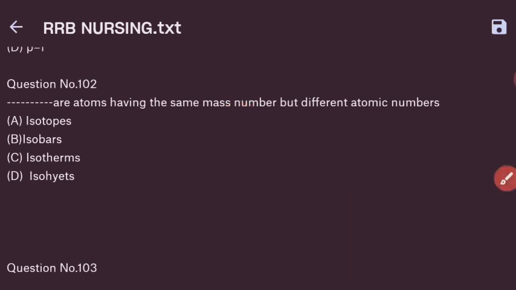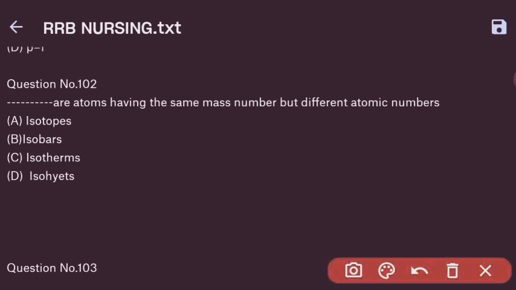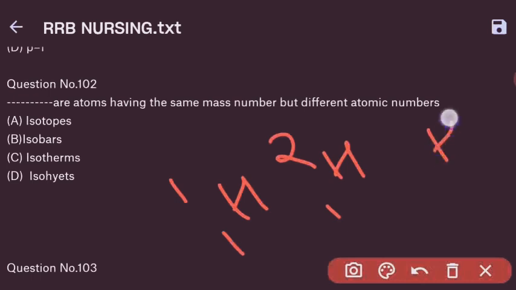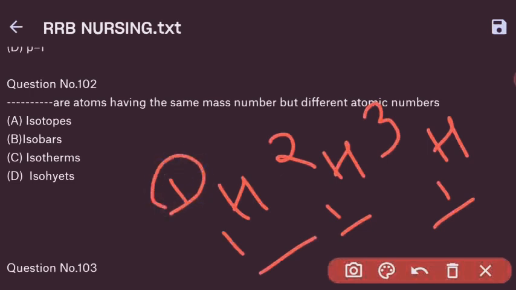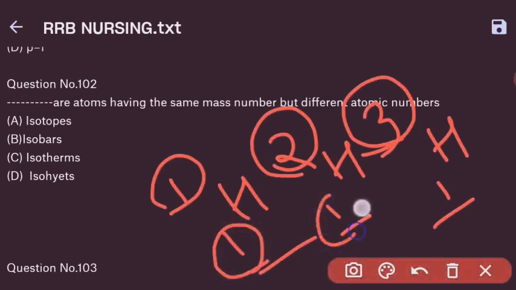Then the next type is called isotopes, which have the same atomic number but a different mass number. Let me give you an example: protium, which is represented by this, then deuterium, and tritium. This one is the atomic number and this one is the mass number. So isotopes have the same atomic number but different mass number, and isobars have the same mass number and different atomic number.